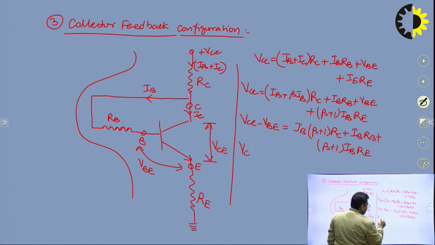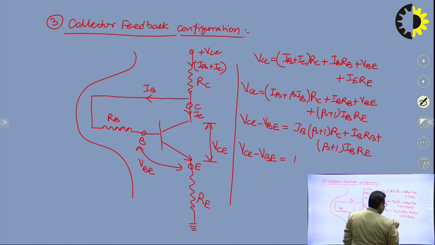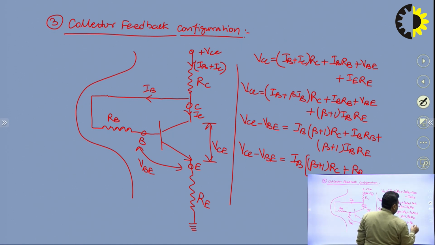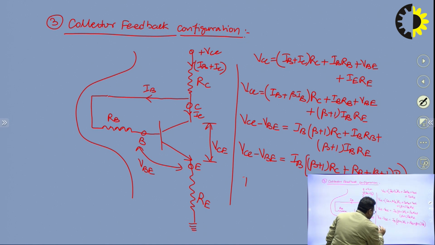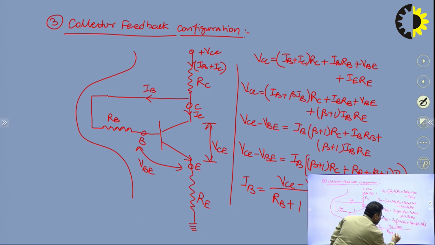Now after simplifying this we can write, IB we can take common, then it will be (beta plus 1) into RC plus RB plus (beta plus 1) into RE, okay. Or IB will finally be VCC minus VBE divided by RB plus (beta plus 1) into (RC plus RE).